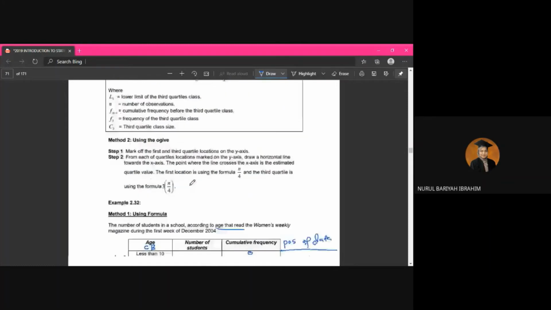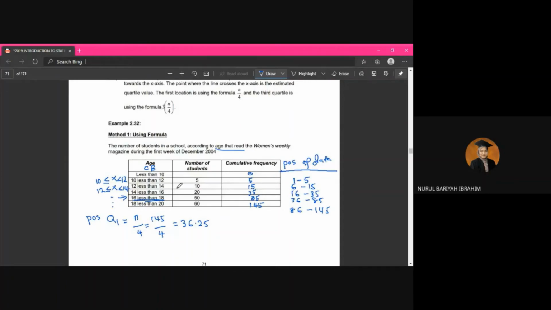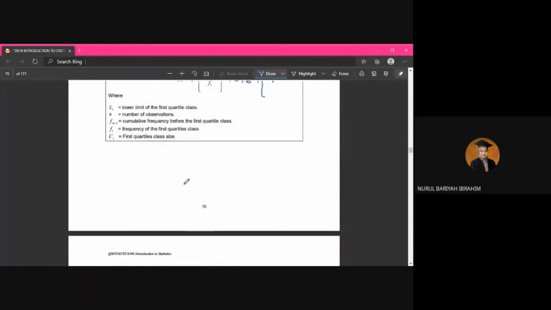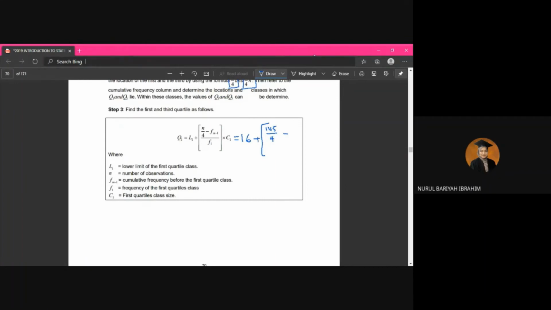So its cumulative frequency before that is 35. So here will be 35 divided by the frequency of the first quartile class. Looking at its frequency, it is 50. And then the class size is the upper boundary minus the lower boundary, which is 18 minus 16. It will be 2. Okay, and then you can solve this. Remember to solve in the bracket first and multiply.